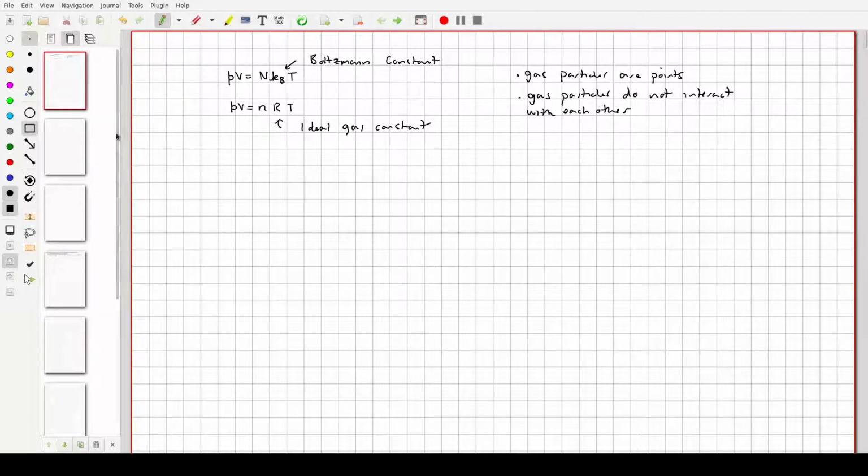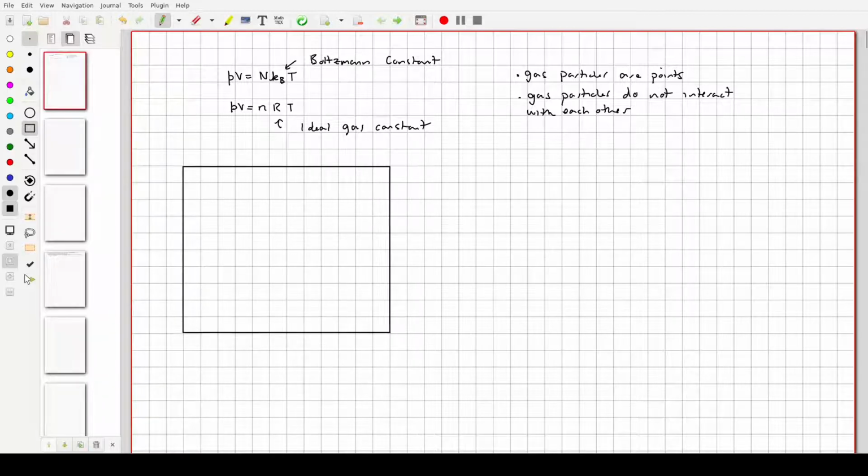So what that means is that if you were to think of, again, and this is just a two-dimensional cross-section of a box filled with gas particles, and let me put some gas particles in here. So there's your gas particles right there.